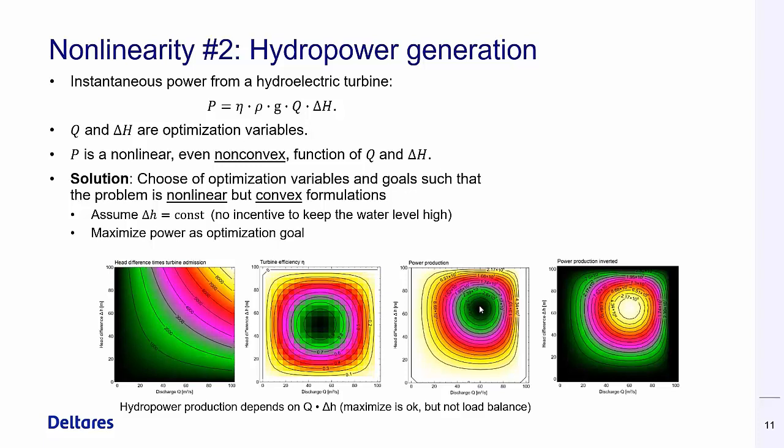So the optimizer can find this point here, the maximum power generation. But if we say the power generation must be this value, then there are so many solutions. The solution is no longer unique because every point on this isoline here would be a valid solution, and optimizers do not really enjoy such a task, and they cannot find a local optimum in this case.